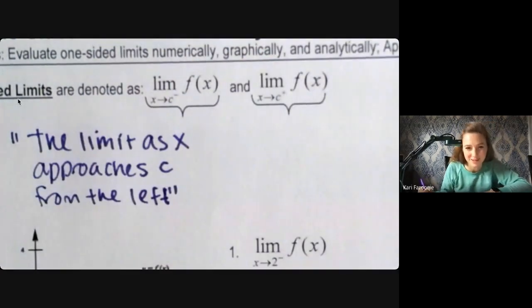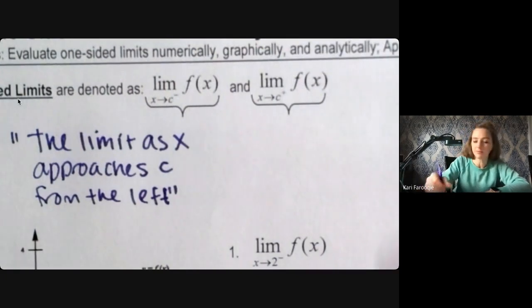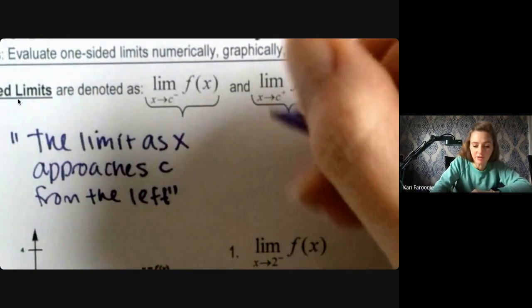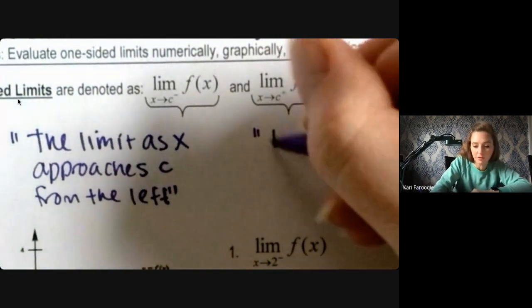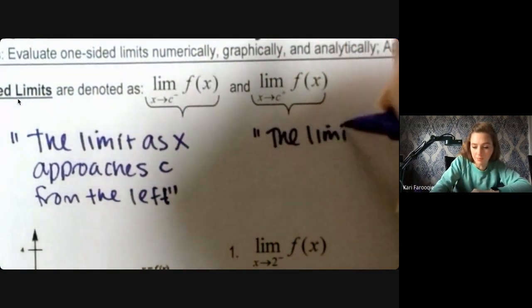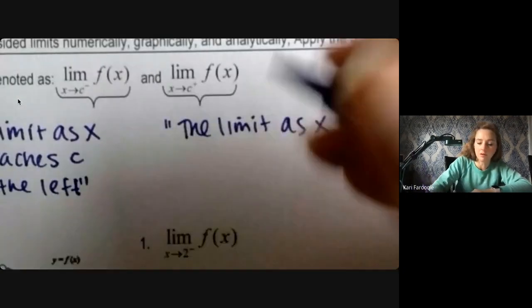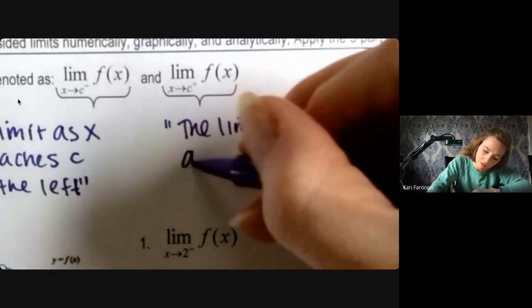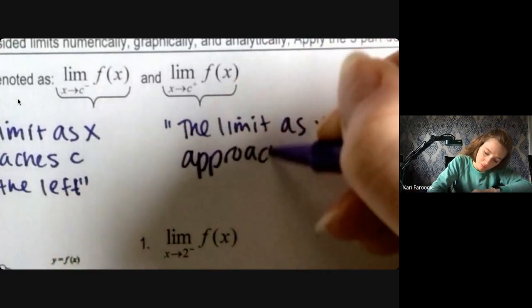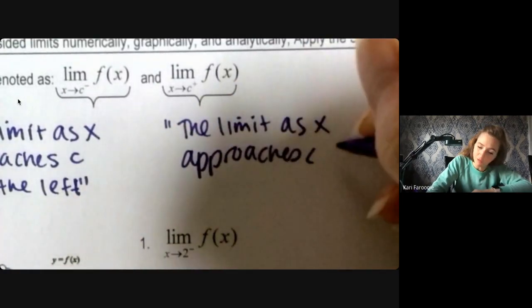And the other one's going to be the limit as x approaches c from the right. Not as you're heading to the right, but as you approach from the right.